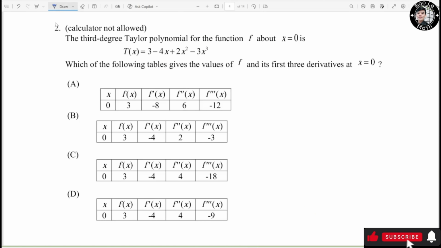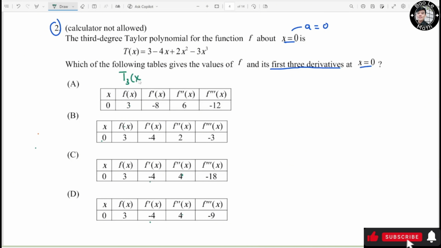Now let's move on to question 2. The third degree Taylor polynomial for the function f about x equals 0. It tells us that the center equals 0. Which of the following tables gives the values of the function f and its first three derivatives at x equals 0?